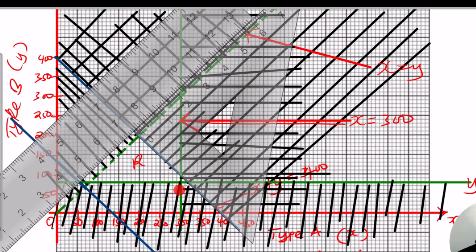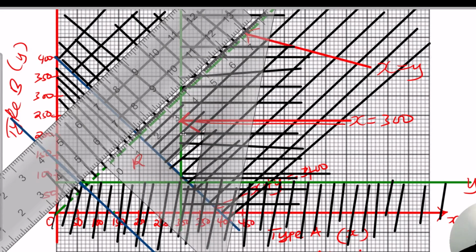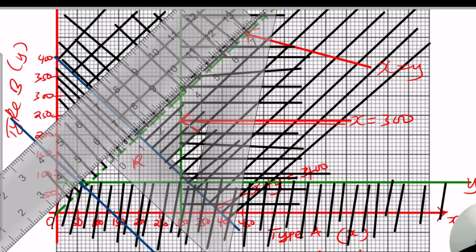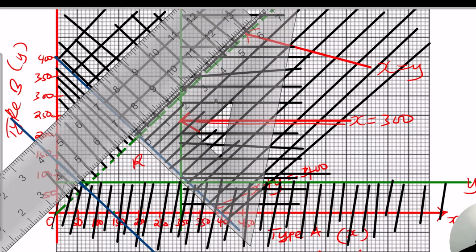This point is 300, 100. This is the point that is touched as the set square leaves the feasible region. So look at it again. Just look at it as I slide. So this is the last point that is touched, the last corner point.